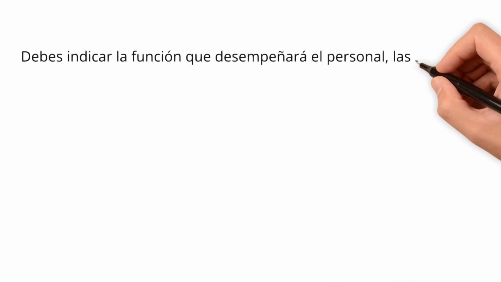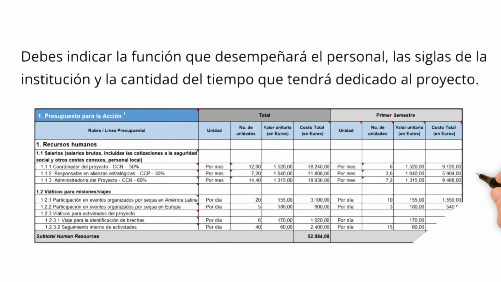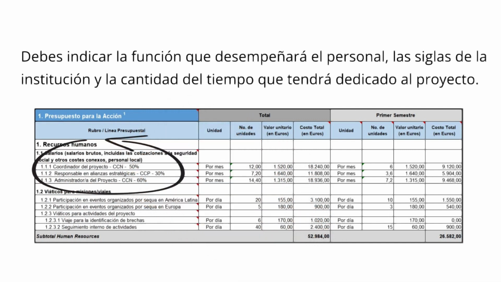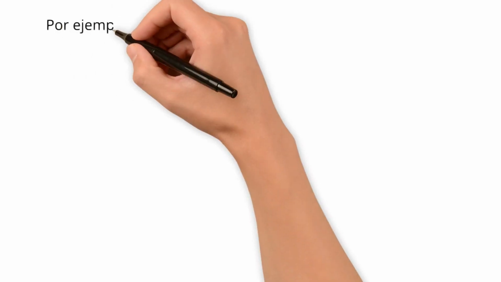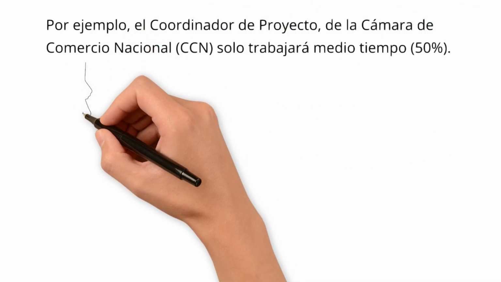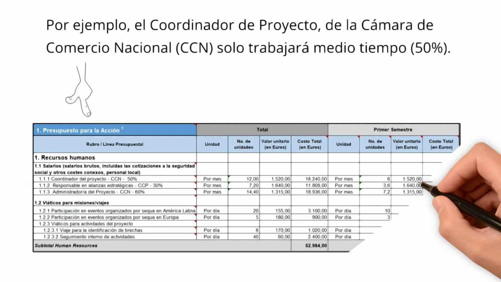You must indicate the role that the staff will perform, the acronym of the institution, and the amount of time they will have dedicated to the project. For example, the project coordinator of the CCN National Chamber of Commerce will only work part-time, 50%.